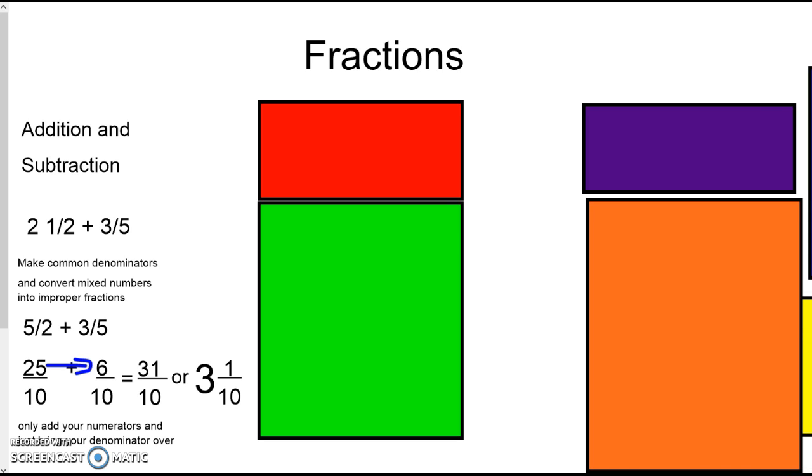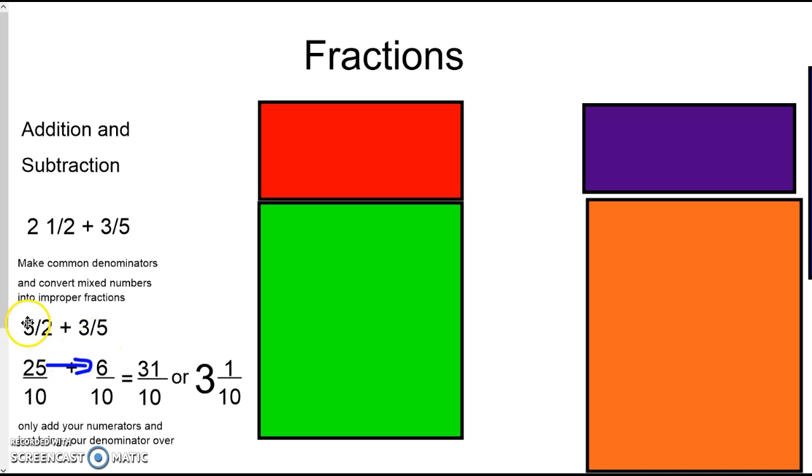Now the hard part about adding and subtracting fractions is that you have to make all of the denominators the same. So you have to find the equivalent fractions to these so that the denominators are now the same. Sometimes the easiest thing to do is to multiply the numbers by the denominators.